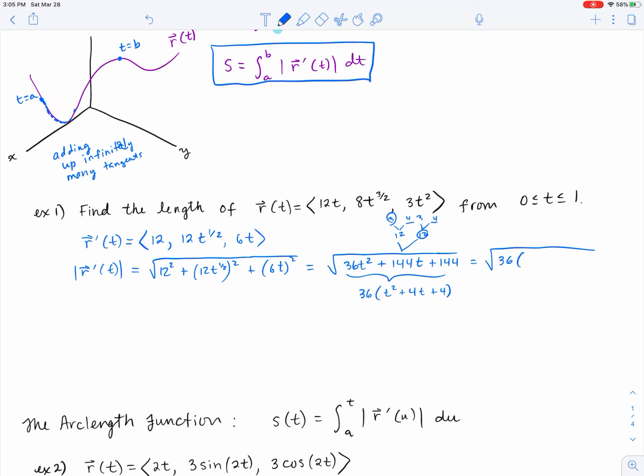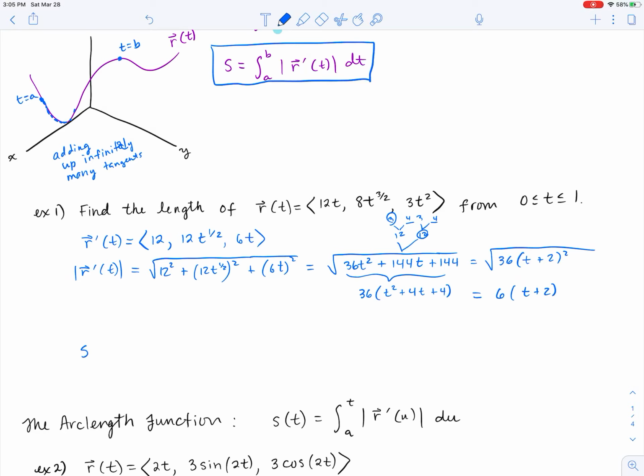Sorry about that, I'm glitching. Okay, so then this is going to be 36 times (t plus 2) quantity squared, and we can actually take the square root of that. So that's just going to be 6 times (t plus 2).